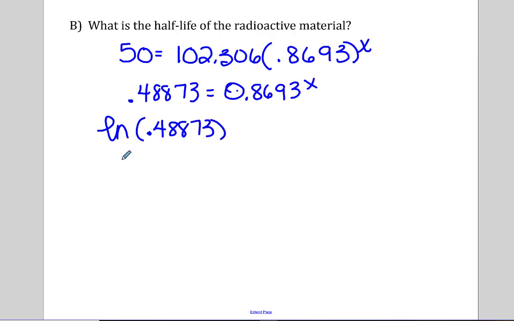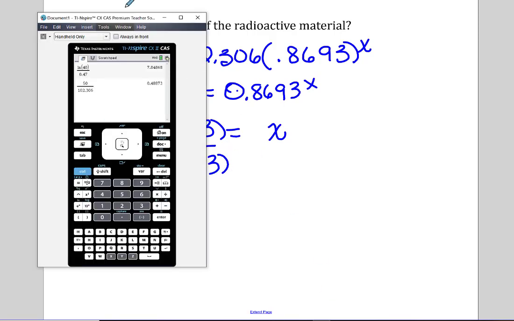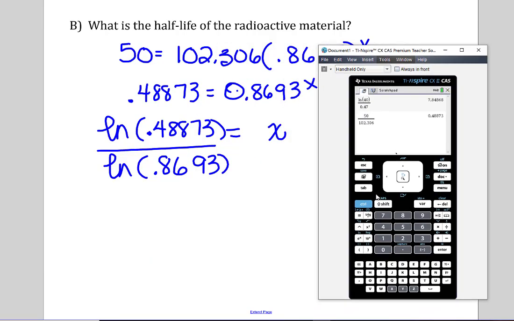natural log of 0.48873, and natural log of the 0.8693 will bring the x power down, and then we would divide by natural log of 0.8693. So back to the calculator, dividing by natural log 0.48873, and then the denominator, natural log 0.8693.